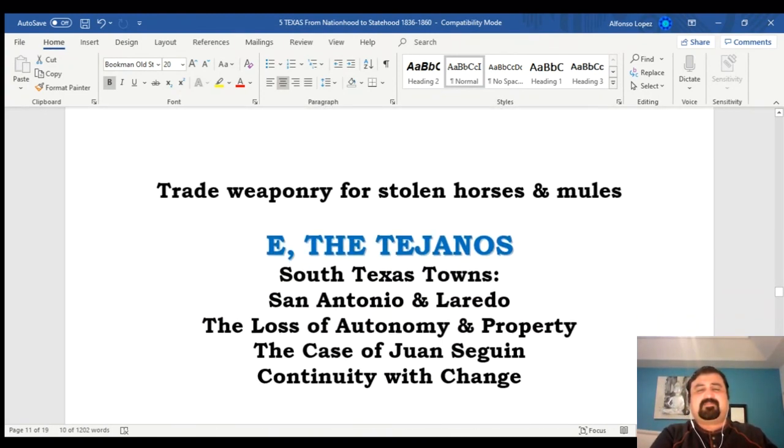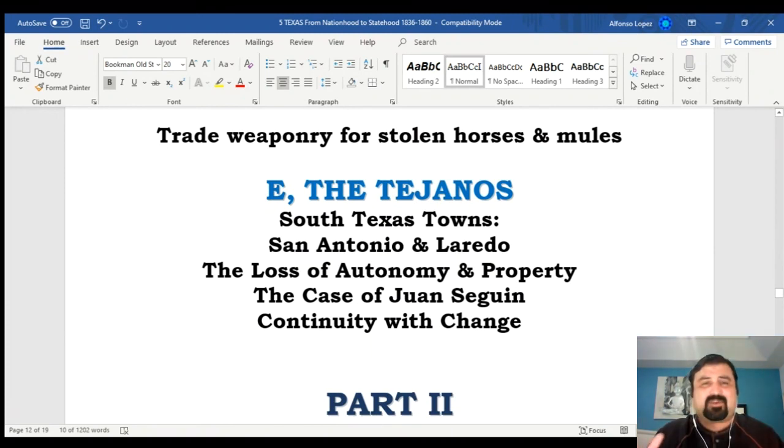Okay. So last but not least, the Tejanos, of course, the Mexican population itself, located particularly in San Antonio and Laredo. Those were the last group we were seeing in Texas society.